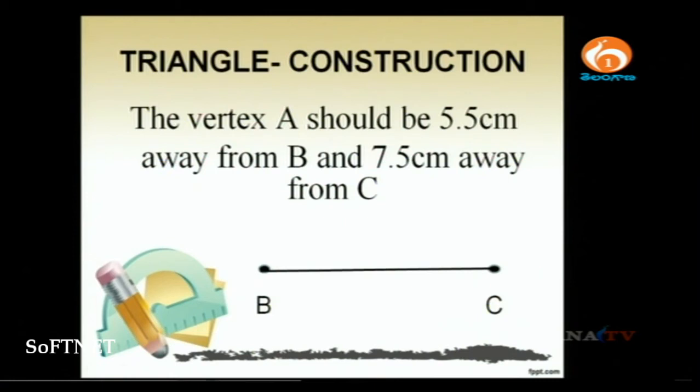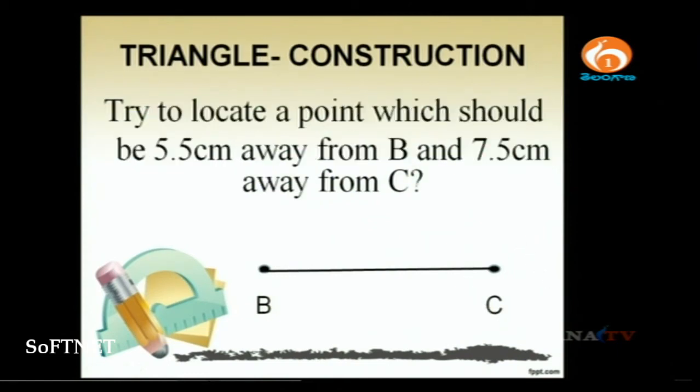For that, the vertex A should be 5.5 centimeters away from this point B, and it should be 7.5 centimeters away from this point C. Can you look at that one? Try to locate that point A with this condition.